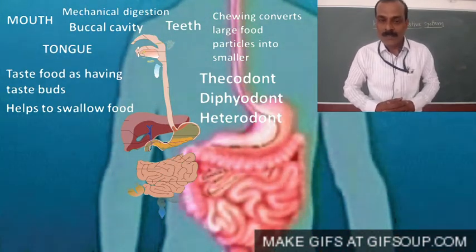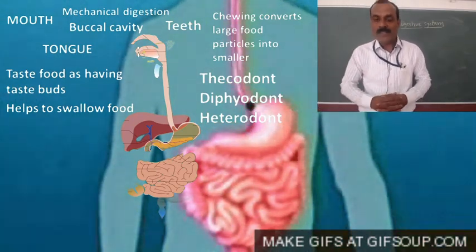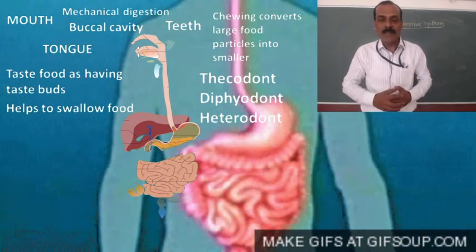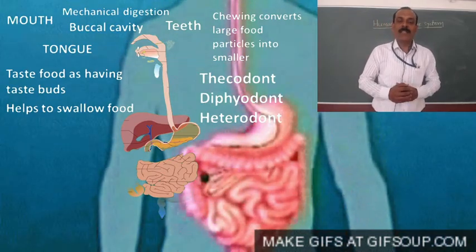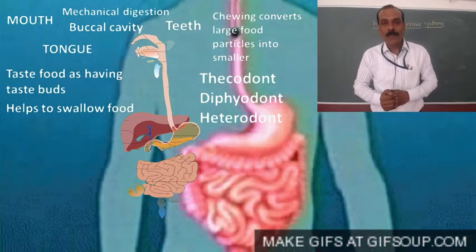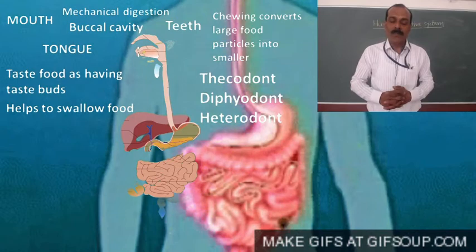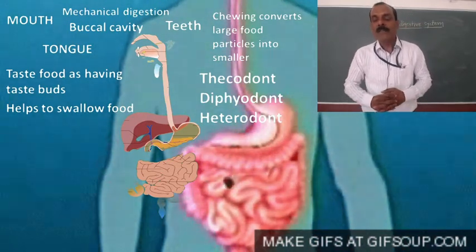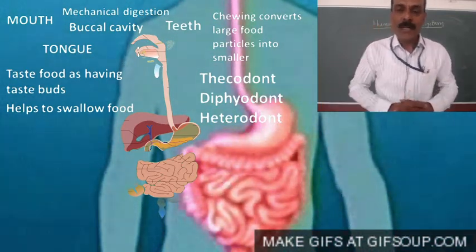Thecodont means the teeth are fixed in bony cavities in our jawbone, which we call the gums. Diphyodont means every human being is provided with two sets of teeth in their lifetime: the milk teeth, also called deciduous teeth, and the permanent teeth, which last for our lifetime.